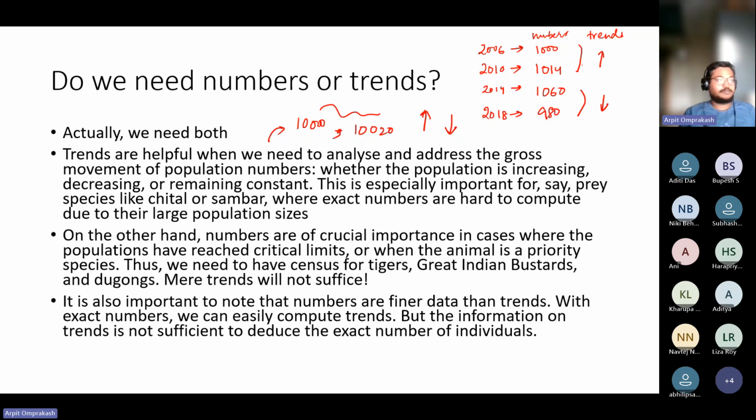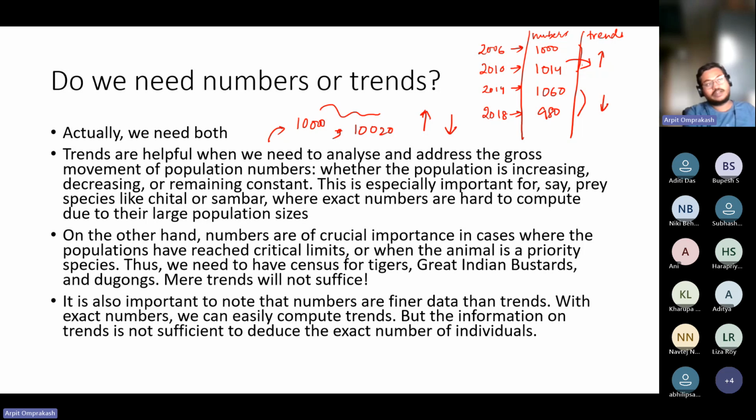Another thing to note is that numbers are finer data than trends. So, for example, let's say in this case, we have the numbers. We can use the numbers to build the trends. So here there's 1,000, here is 1,014. So we see that it's increasing. Here again, 1,014 to 1,060, we see it's increasing. 1,060 to 980, we see it's decreasing.